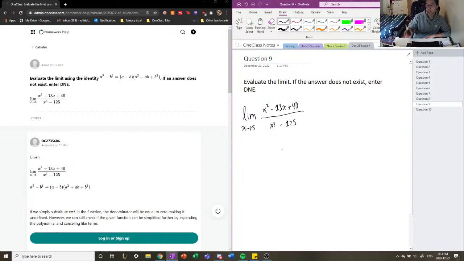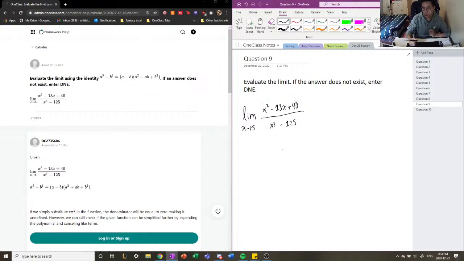The first technique we can use is to simply plug in x equals 5 into our function. If we plug in x equals 5, we have a good chance that we'll be able to evaluate the limit. In this case, we're not able to, because the denominator becomes 0, and we have an indeterminate form, which is something divided by 0. So we can't do that yet.